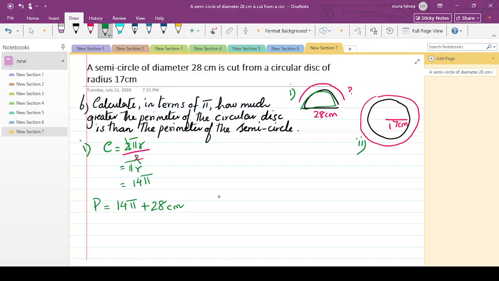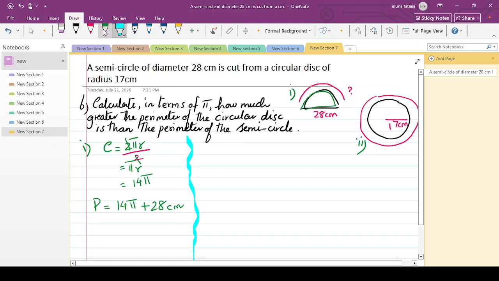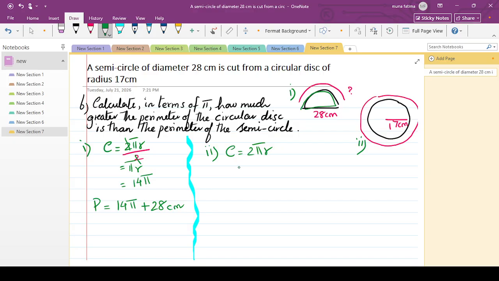Alright, let us do this circle, part 2. The circumference, again, formula is 2 pi r. We have 2 and pi as they are, and the radius in this case was 17. This gives you 34 pi centimeters. The perimeter is a length, so the unit is going to be centimeters.